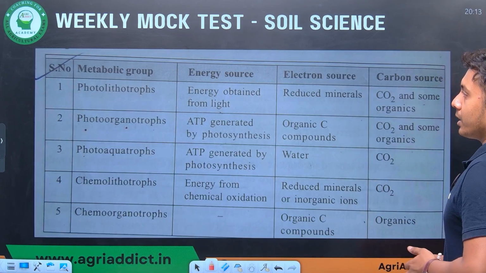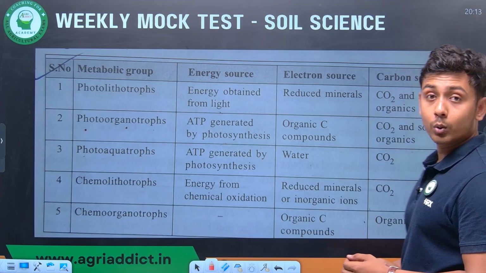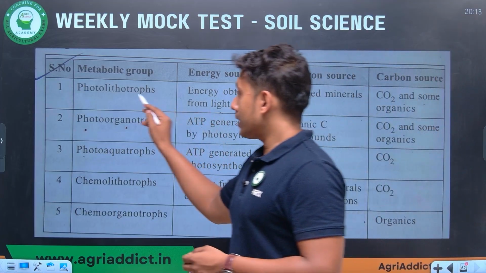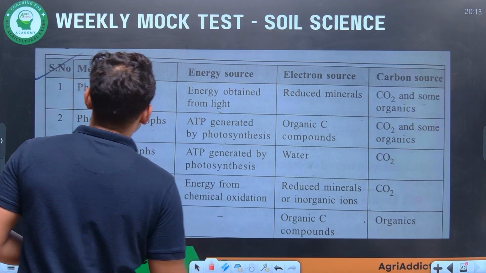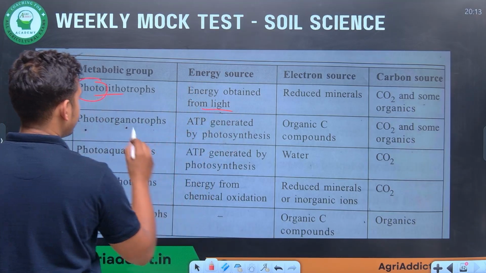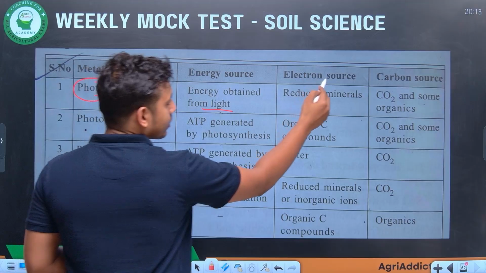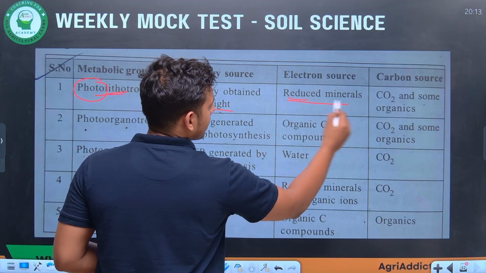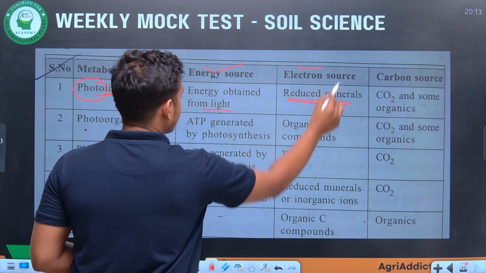Some more information regarding this, the metabolic groups of organisms. Photolithotroph: photo means it uses energy obtained from light, litho means the electron source is a reduced mineral. Energy source and electron source.